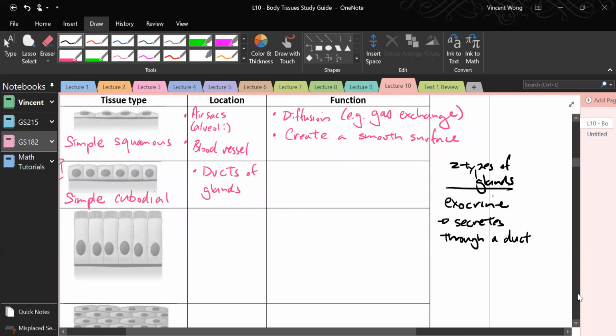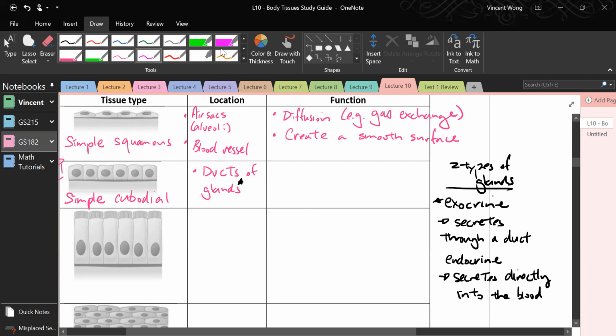The sweat comes out through a duct. And then we have something called endocrine gland, which secretes directly into the blood. That would be like your adrenal gland secreting adrenaline. So here we talk about the duct of glands. We're talking about the exocrine gland, the ones that actually have ducts.